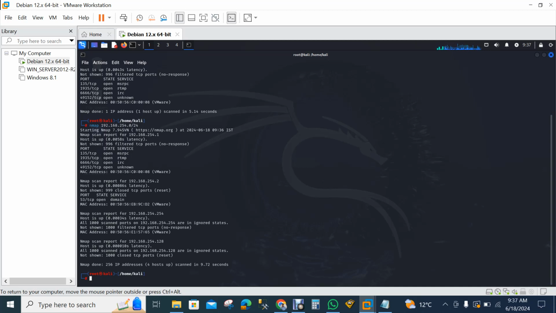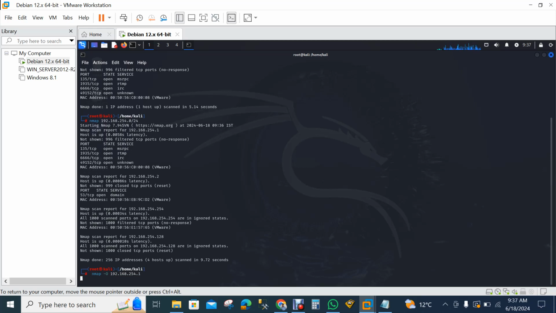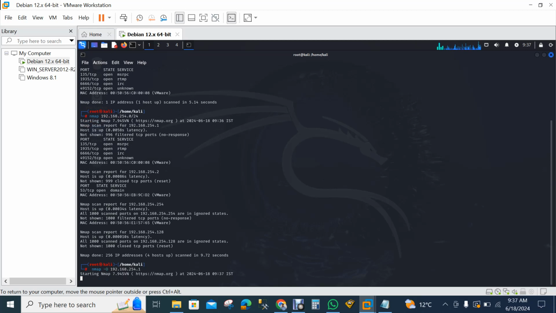At this moment, if I write nmap space hyphen capital letter O, and then 192.168.254.1, this is also the same command.